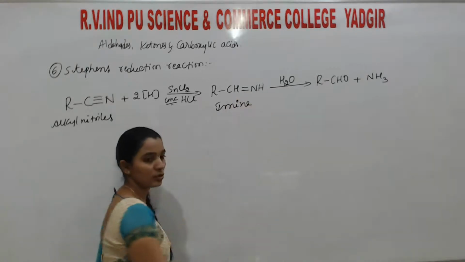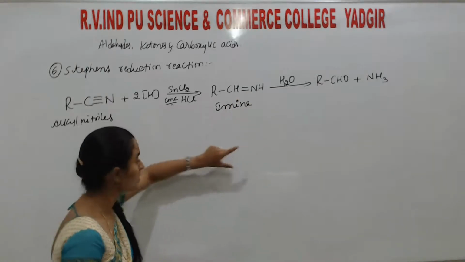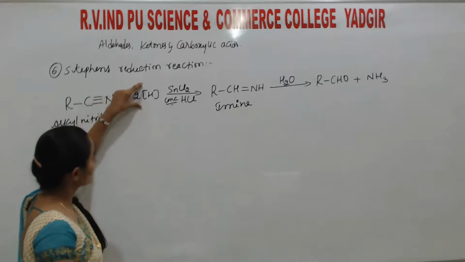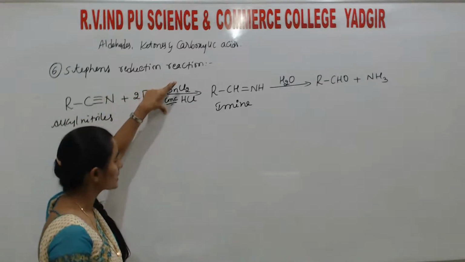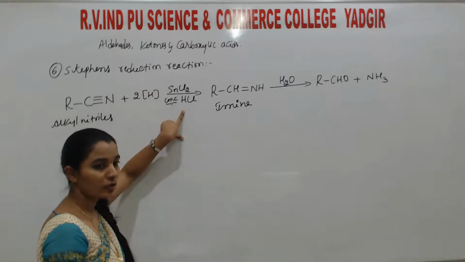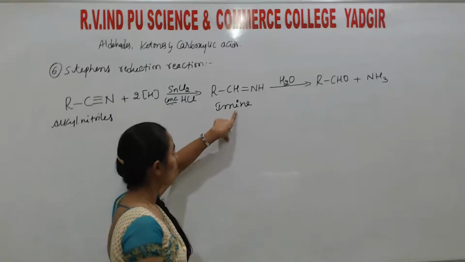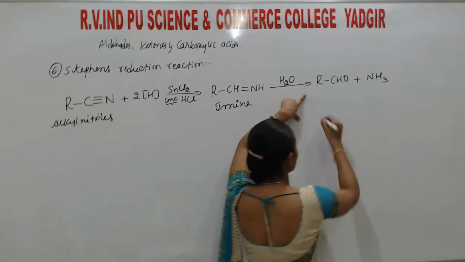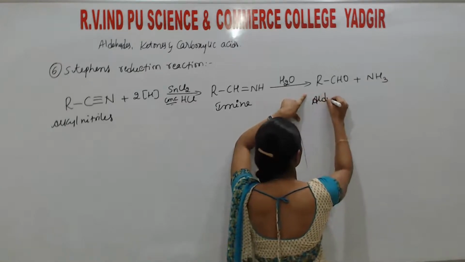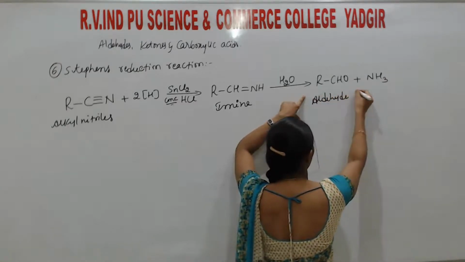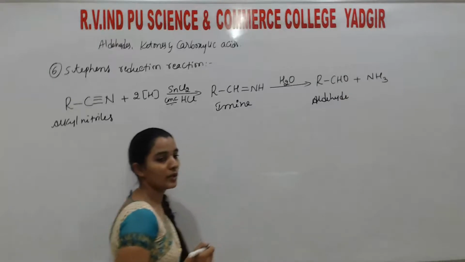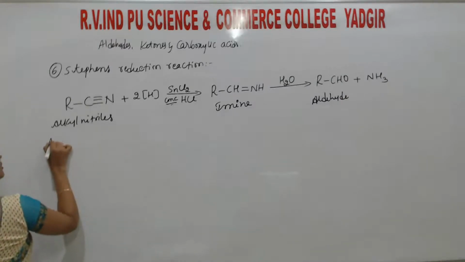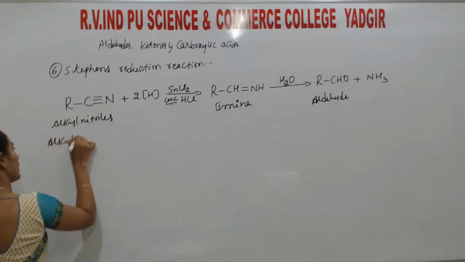CH double bond NH groups are called imines. Means when alkyl nitriles undergo reduction in presence of stannous chloride and concentrated HCl they form imine, followed by hydrolysis gives aldehyde along with ammonia.